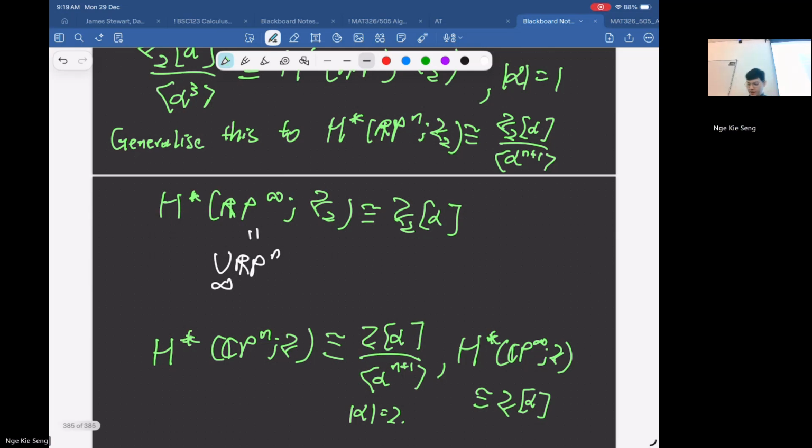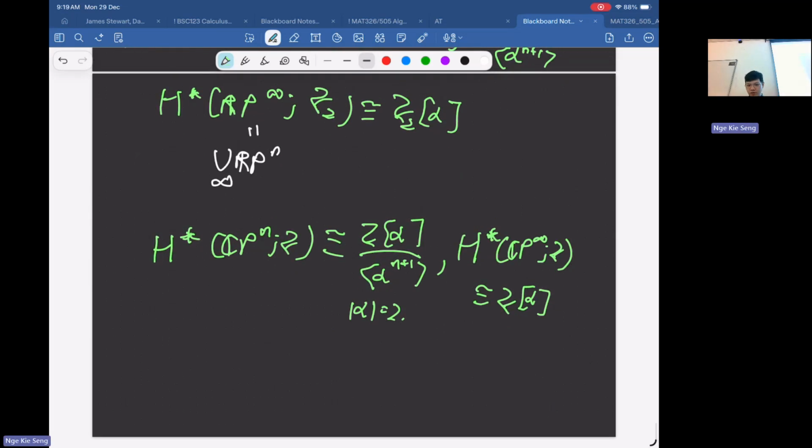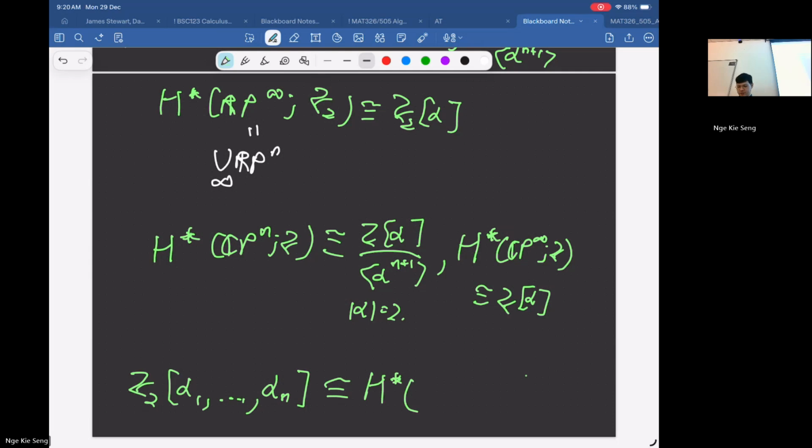And actually, you can do more. What if I consider this ring? Based on what we know before, what space can realize this cohomology?